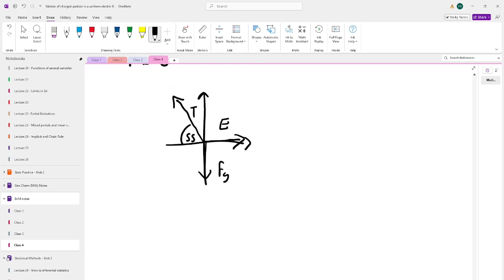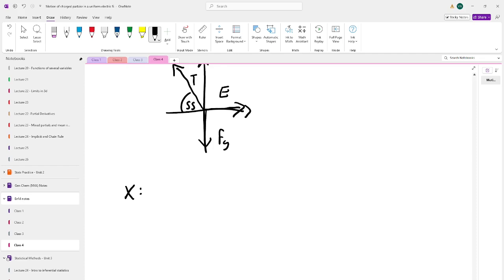So if we look at all the forces, let's begin by looking at all the forces in the x direction, right? Because it will be more clear. So I have this force here, which is the electric force.